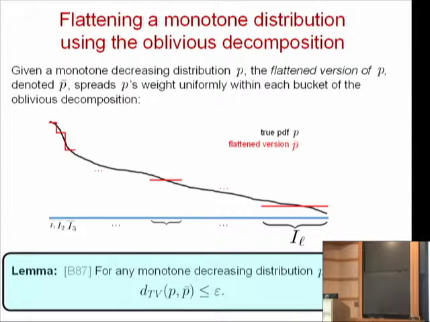Then the mass in the last bucket would be 1 plus epsilon times as large as the mass in the previous bucket, and so on. So the distribution over L points doesn't have to be monotone. It can violate monotonicity by up to a 1 plus epsilon factor. Scaled by the width, yes. There's the question of scaling by the width, but scaling by the width doesn't affect the error rates as you do this. So in the final analysis you're not learning a monotone distribution. You're learning an arbitrary distribution over these L buckets.